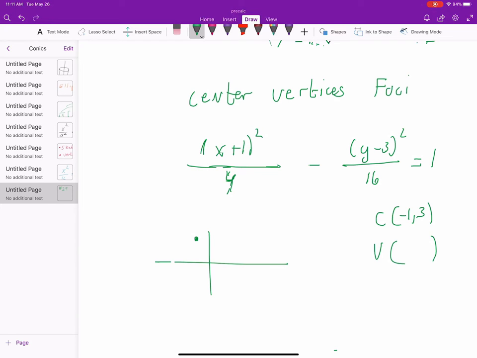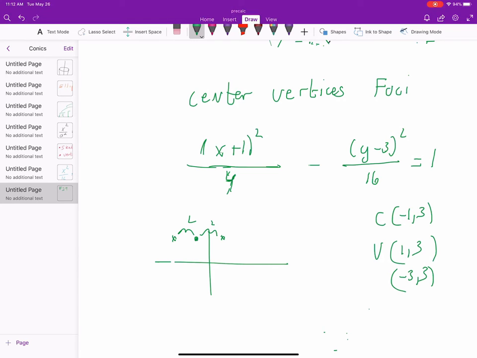I got a 4 there, so it's actually 2. So I'm going to put a little vertice point there and one here. That's 2 away, square root of 4. So I have a vertice point at 1, 3, and a vertice point at -3, 3.